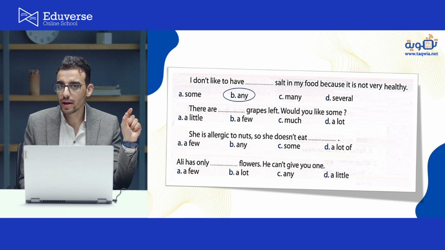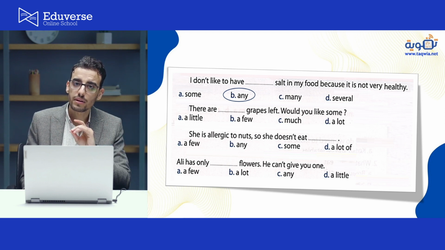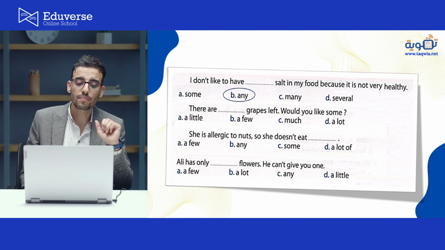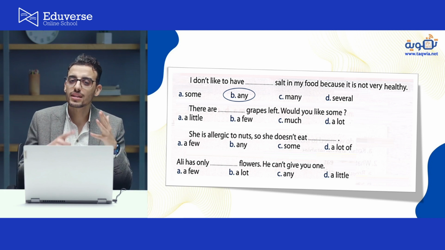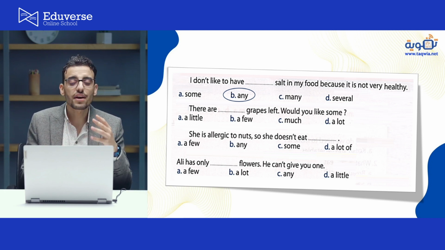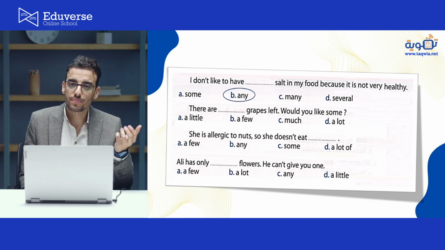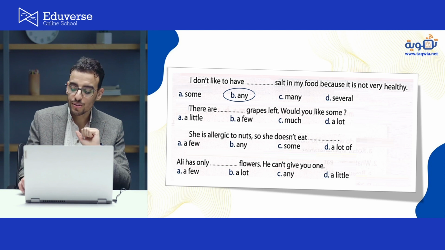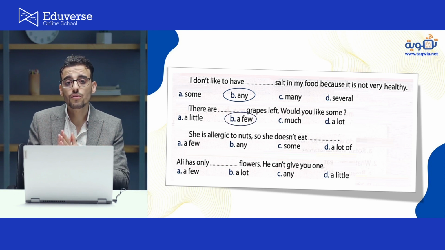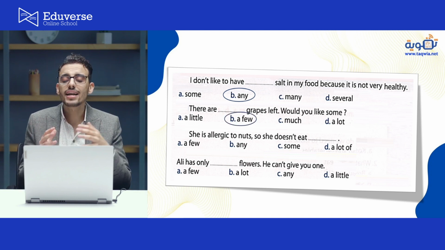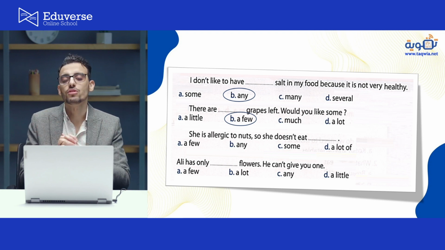Can you count the grapes? Like 1, 2, 3? Yeah, you can count them. So we use a few for something that you can count, and it means a small amount of.